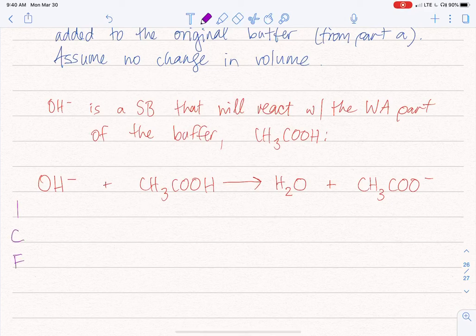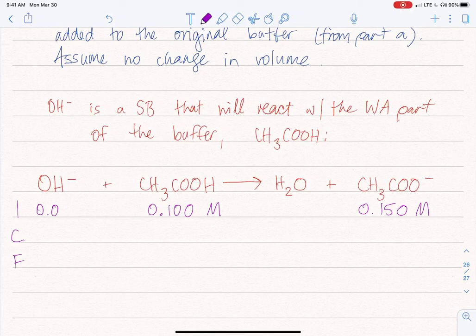I'm starting out with, in the original buffer, 0.1 molar acetic acid and 0.15 molar acetate. I'm adding 0.20 molar hydroxide, and I don't care about water because it's not going to affect the pH of the solution.